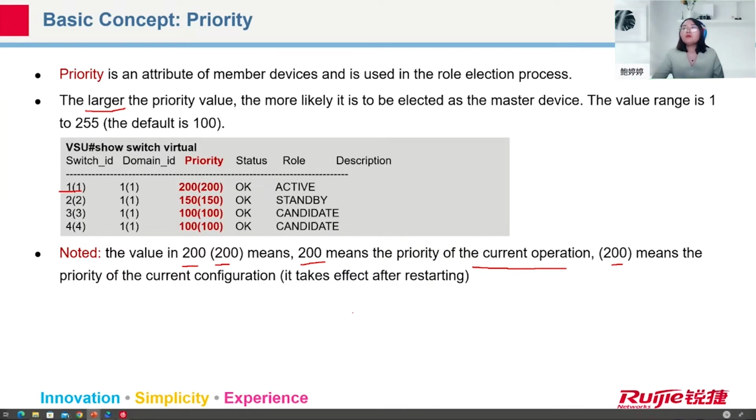Usually, for example, when you finish the configuration of the VSU and save it, you have to restart the devices. This priority will be the same. Otherwise, the default value is 100, and maybe you give the configuration 200. So the priority is a little different.